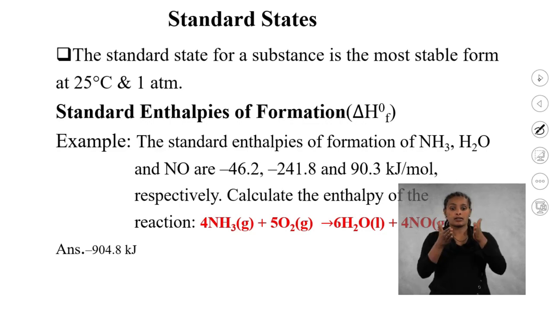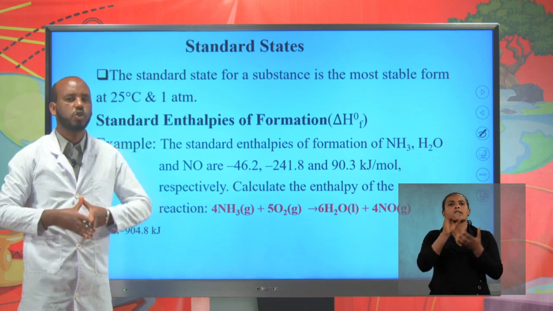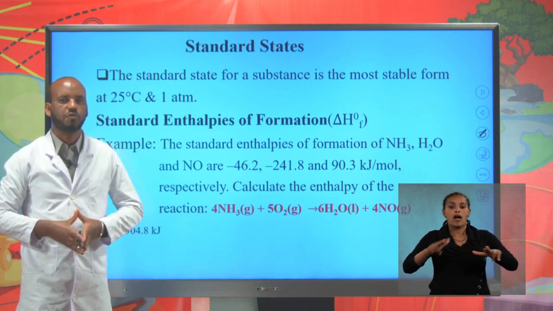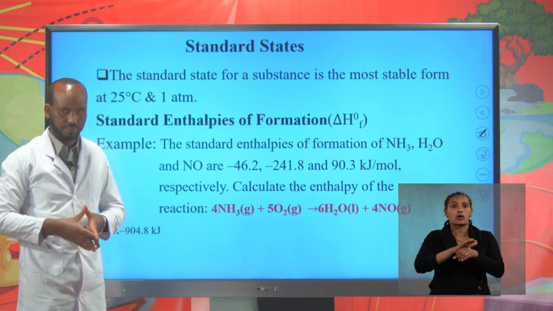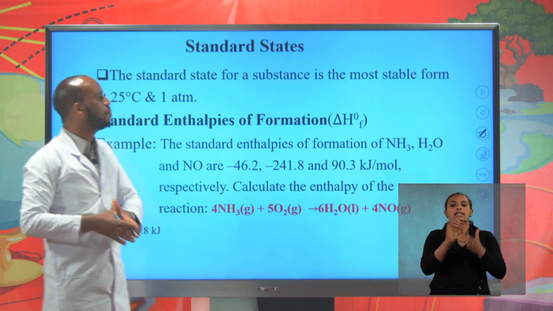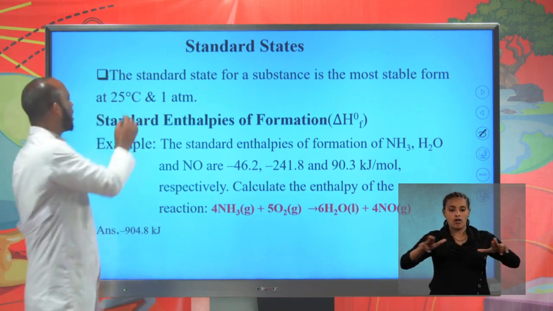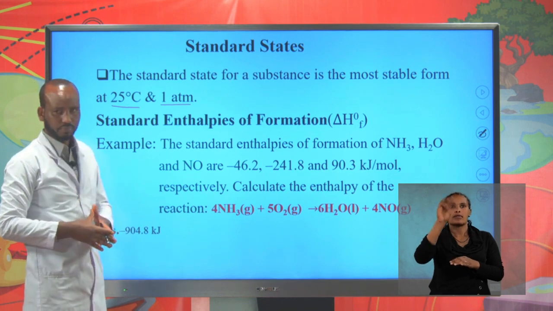Standard states. We know that most substances are found to be stable at a temperature of 25 degrees centigrade and a pressure of 1 atmosphere. Therefore, the standard state for a substance is the most stable form at 25 degrees centigrade and 1 atmosphere.